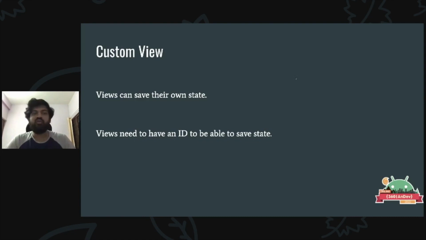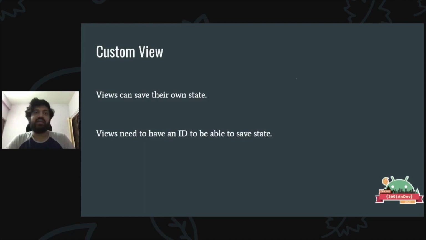And you have to give your views an ID for your state restoration mechanism to work. Whenever a view is recreated, Android will go through the entire view hierarchy, and only for those views that have an ID set, it will call the corresponding methods to let you store and restore state. So if you have not mentioned an ID, you won't really be able to save and restore state.